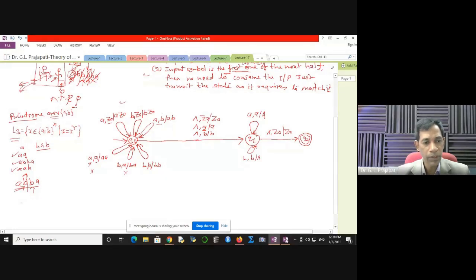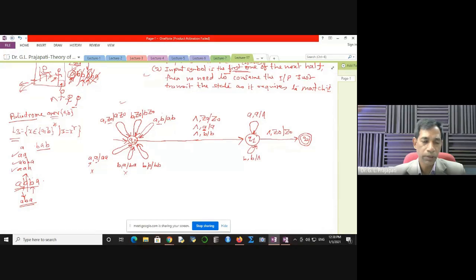Now here your string can be of odd length. Once your string is of odd length, what can you do? You are reading the input, so you have to make a more complex guess. The machine is going to make three guesses here.